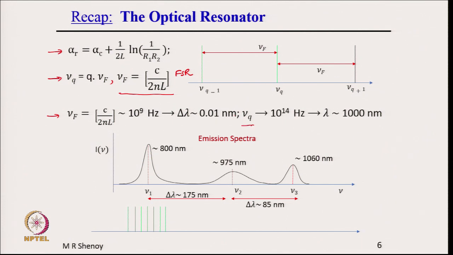So, nu f is of the order of 10 to the power of 9 hertz, that is the separation between adjacent resonances. Please see the resonances are shown nu q plus 1, nu q plus 2 and so on.